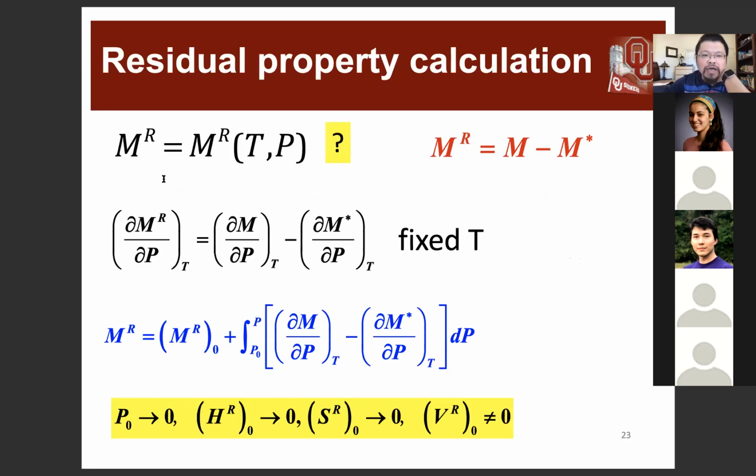If we want to calculate the residual property at this temperature and pressure, we need to recall the definition of the residual property function, which is M^R equals M minus M star. The star reminds us that at this condition, we are assuming ideal gas behavior.